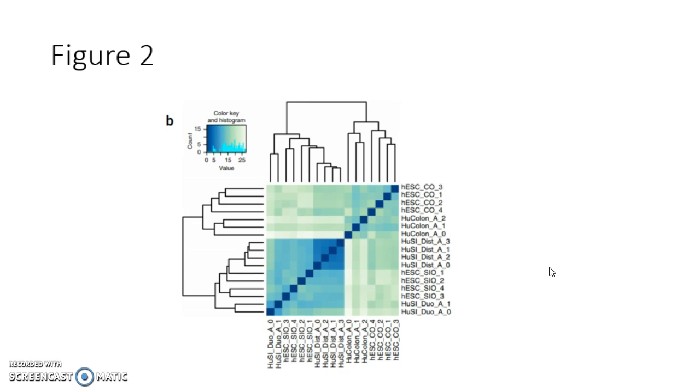The darker color indicates no difference, while the lighter color indicates larger differences. And unbiased clustering confirmed that colon organoids closely resembled human colon, while the embryonic stem cell derived small intestine organoids resembled human duodenum and actual small intestine.